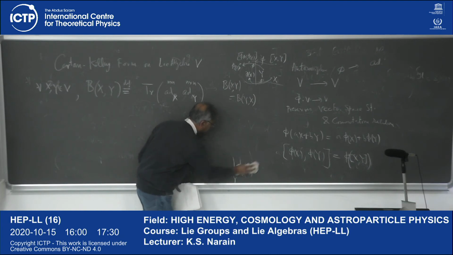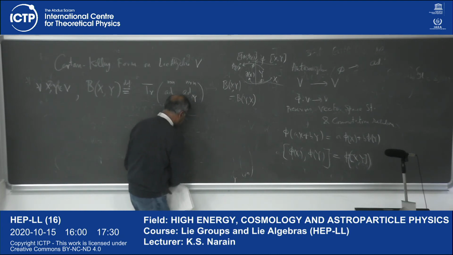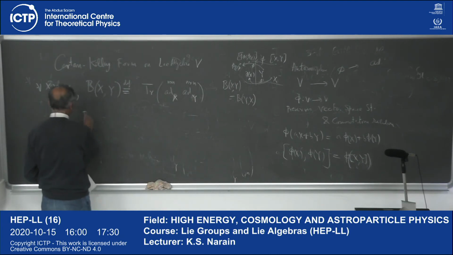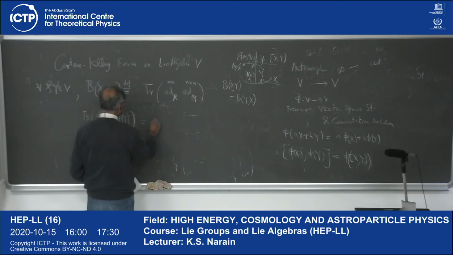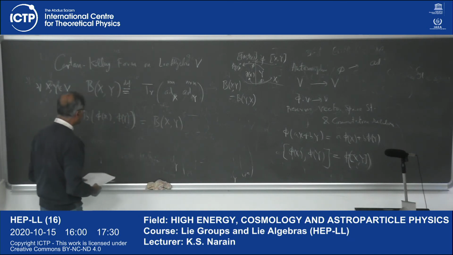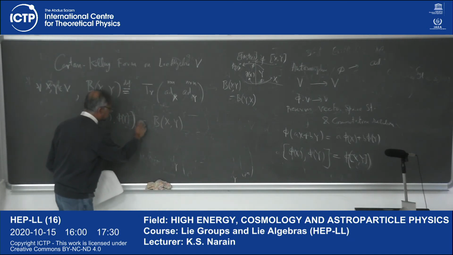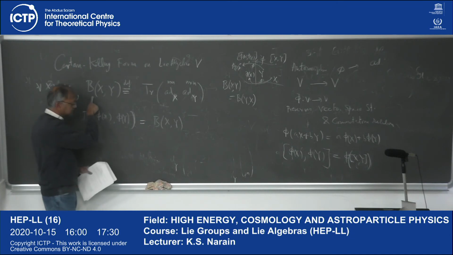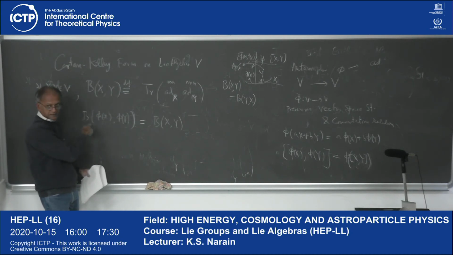It means that what we want to prove is that B of phi x, comma, phi y is the same as B of x, y. This we want to prove. This is an important property that this definition satisfies. If I had used some other definition for the metric, then that would not in general satisfy this condition. This is the important condition.